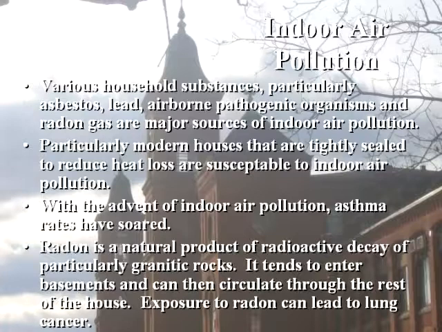Another phenomenon is a consequence of what kind of substrate the house is built on. So houses that are built on rock ledges, particularly when those rocks are granites and things like that, these rocks have a certain amount of radioactive material in them.